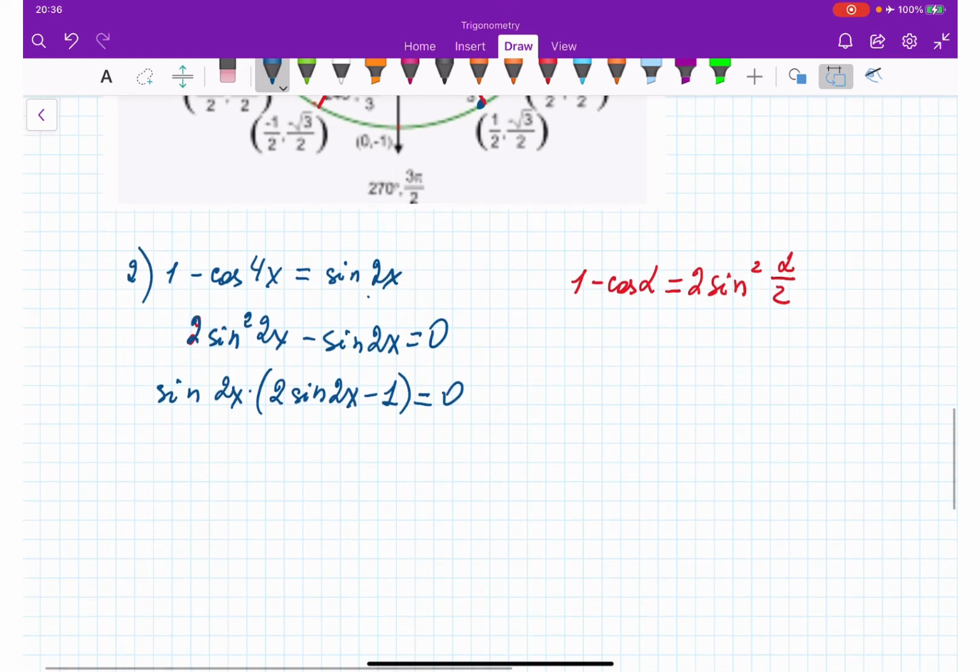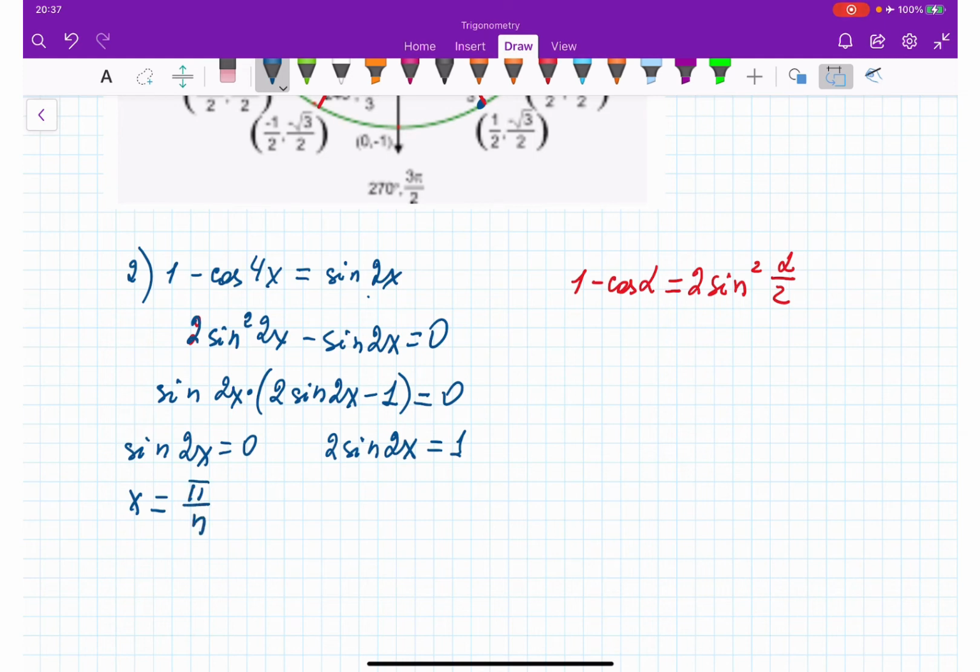So from here, since we have a product, either sine 2x equals 0 or 2 sine 2x equals 1. So 2x equals 0, then x is equal pi over, okay, let's go slow.